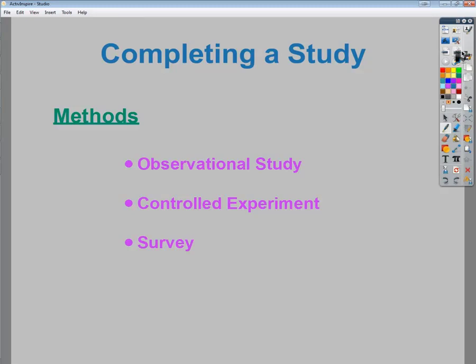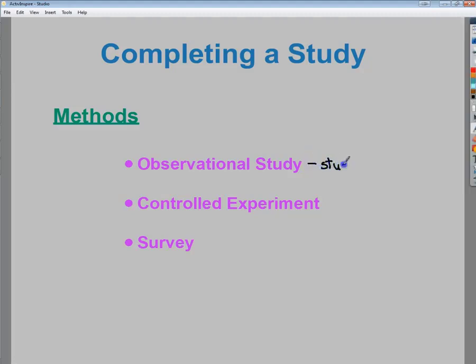Now, observational studies are studies where the study is done in a way that does not affect the sample group.